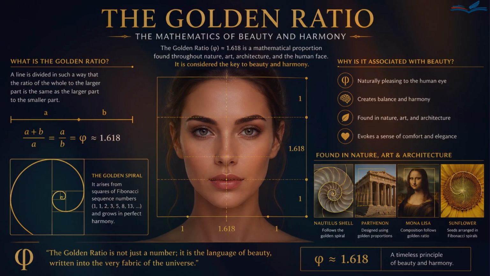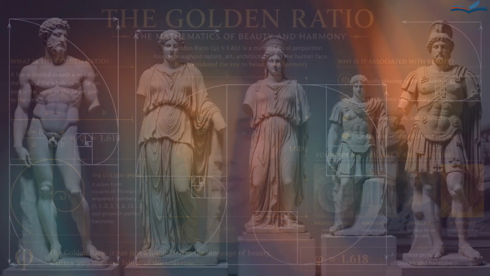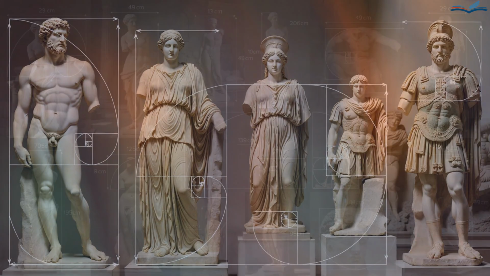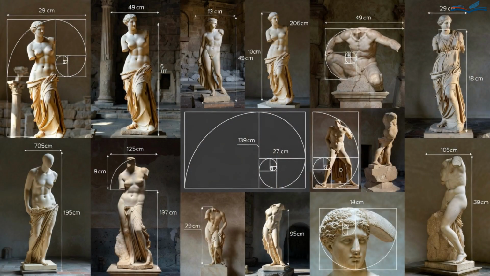The distance from the top of the head to the chin, divided by the distance from the eyes to the mouth, also yields 1.62. Faces that subconsciously align with the golden ratio, such as those of classical sculptures or celebrated models, evoke harmony because our brains are wired to recognize proportion as a signal of genetic symmetry.